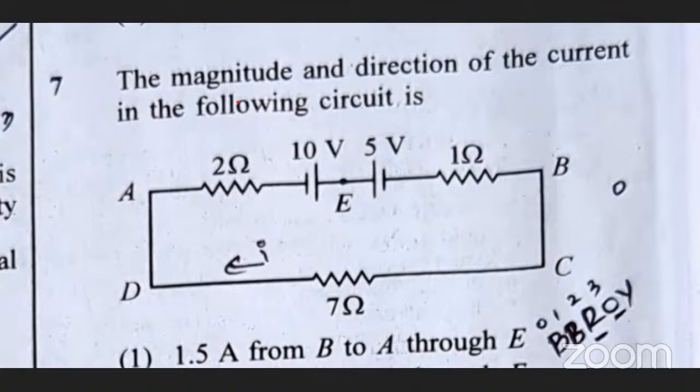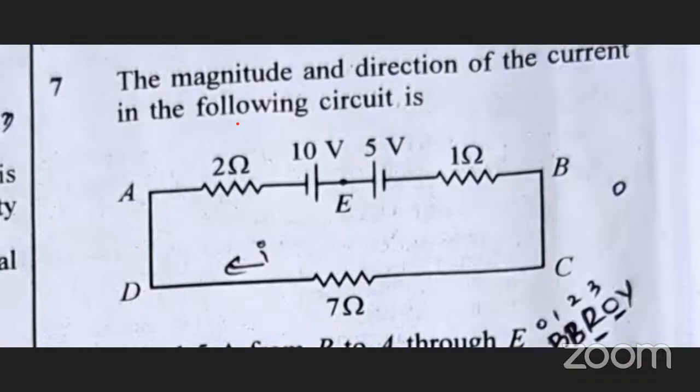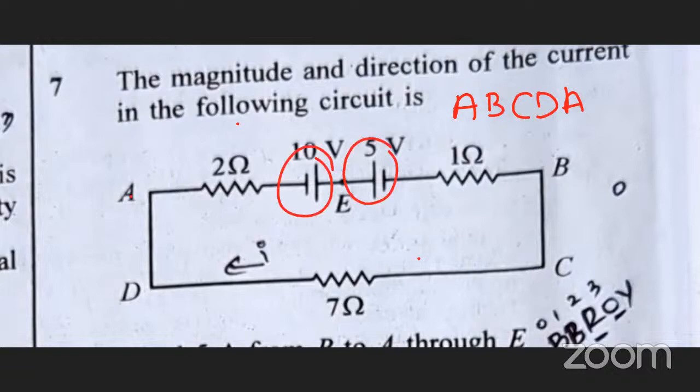So next question, we need to find the current in the circuit. According to Kirchhoff's voltage law, you can consider the loop A, B, C, D, A. These are the two EMFs here.